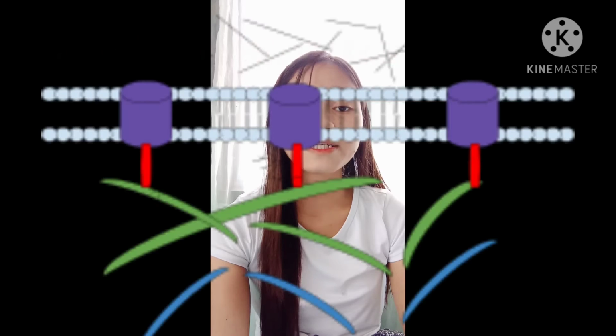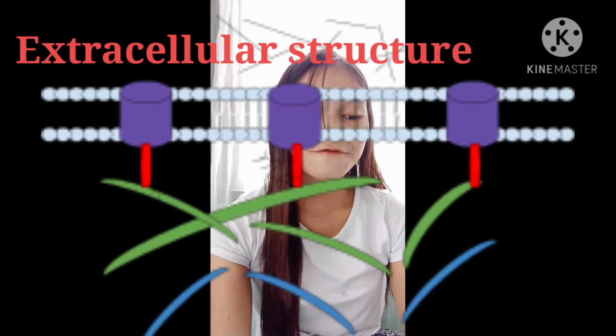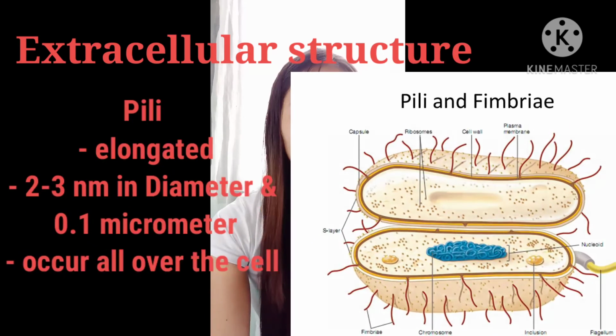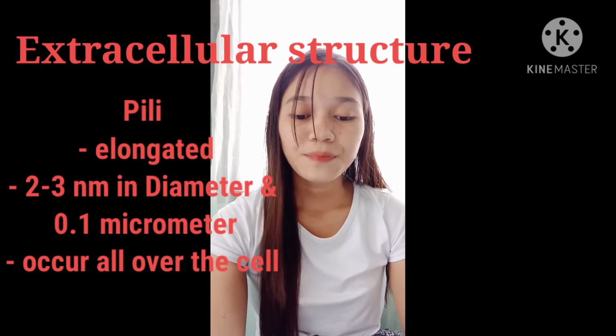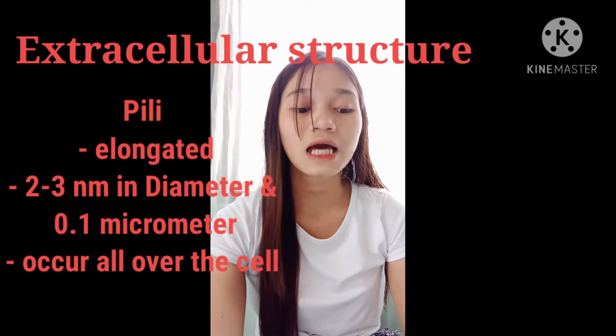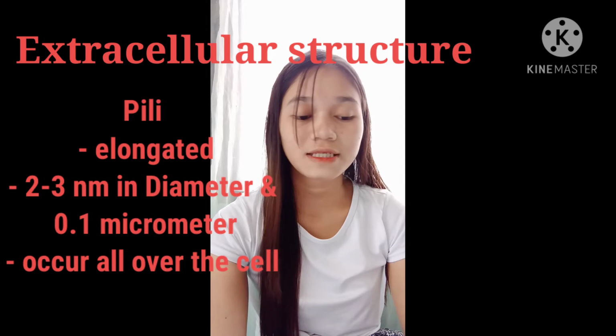Another one is extracellular structures, the fimbriae or the pili. Pili are elongated or hair-like proteinaceous structures which project from the cell surface.